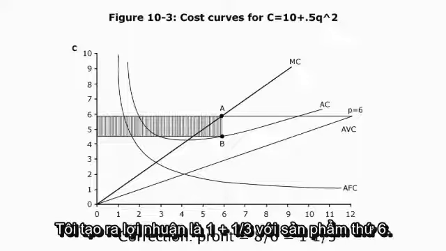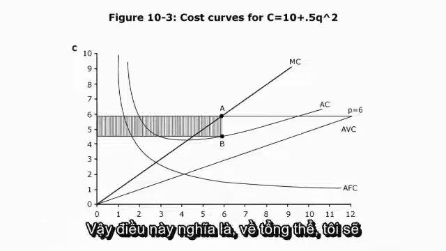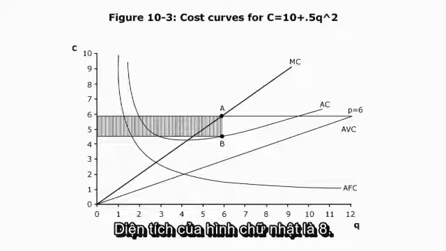I make profits of 1 1/4 on that 6th unit. But I make those profits on all 6 units I sell. So in total, I'm going to make profit of 8. The area of this rectangle is 8.